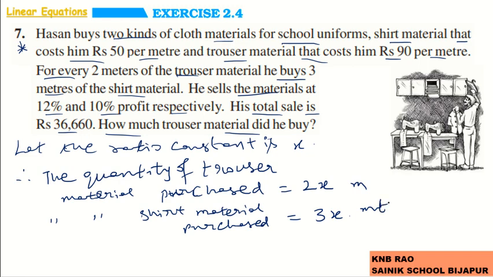So, the moment you know how much is purchased in terms of the ratio constant x, now we will go for cost price.